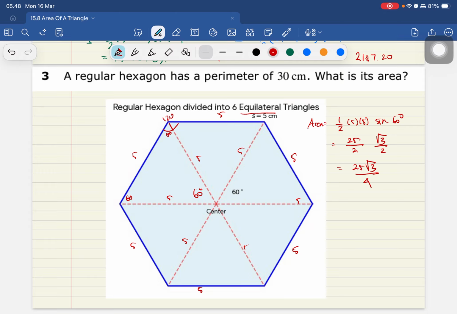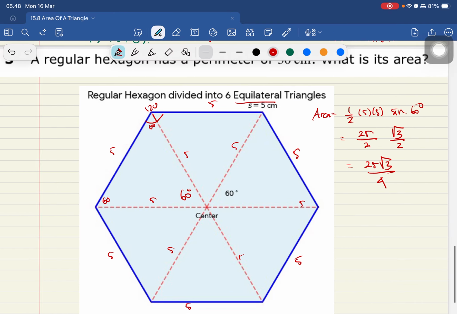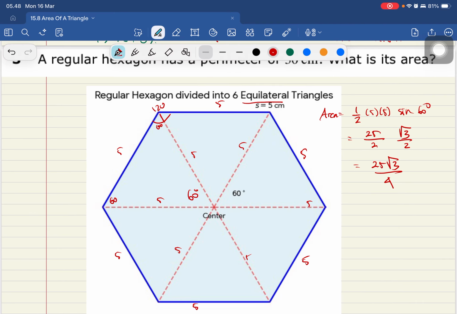So use a calculator: 25 multiplied with the square root of 3, then divide by 4.